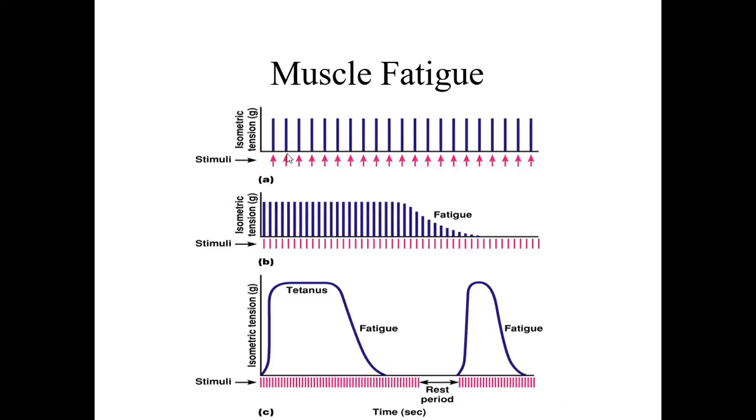When you have sustained stimulus for a long time, you can have contraction. In isometric contraction, you can sustain it for a long time. Isometric means you're not changing the length of the muscle.